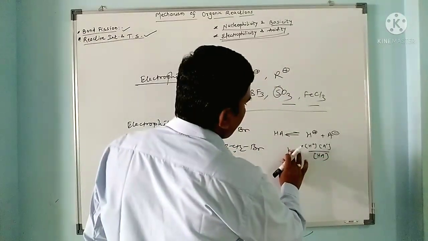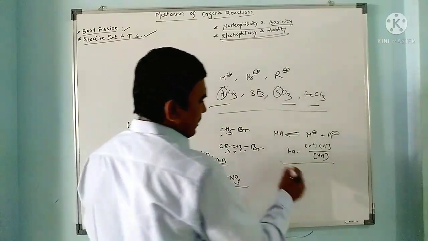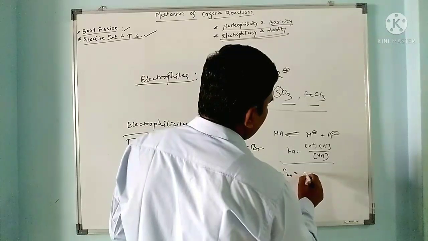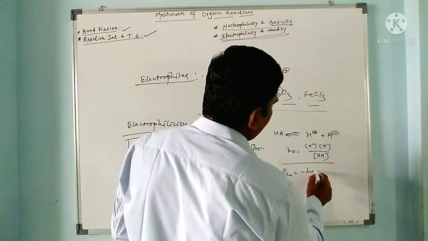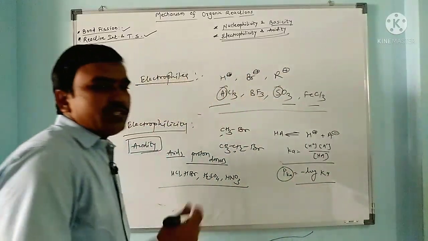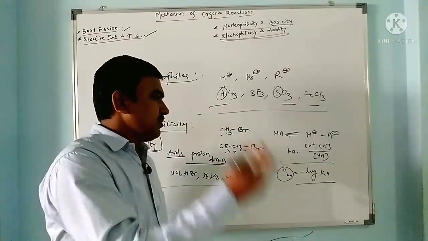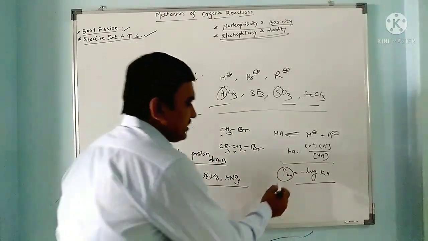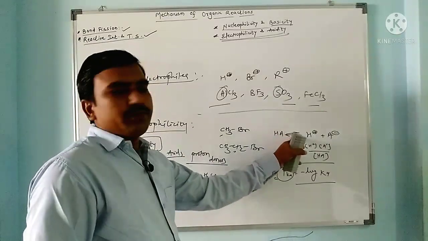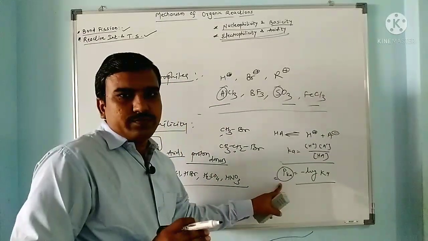This Ka can be represented as pKa, the negative log of Ka. The higher the pKa, the lesser the acidity; the lower the pKa, the higher the acidity. It depends on equilibrium, and it has an absolute value.